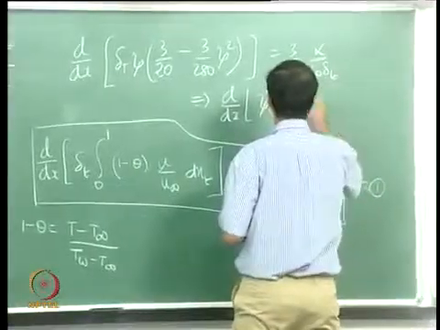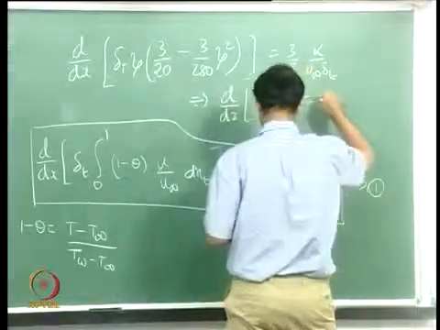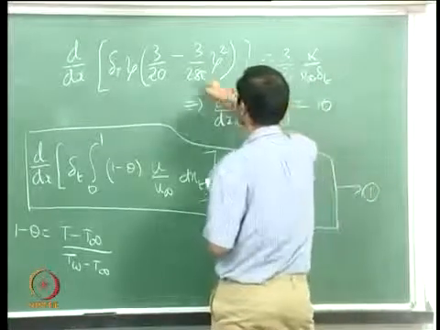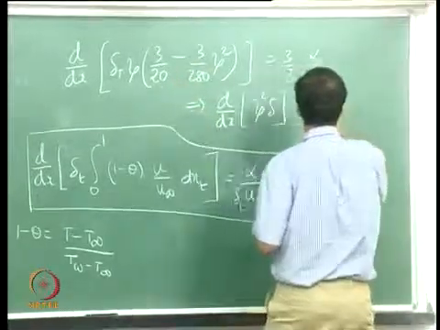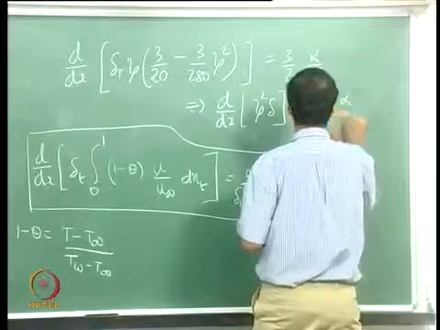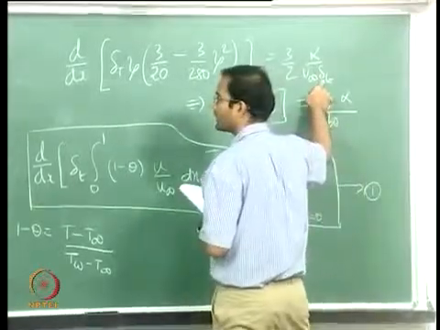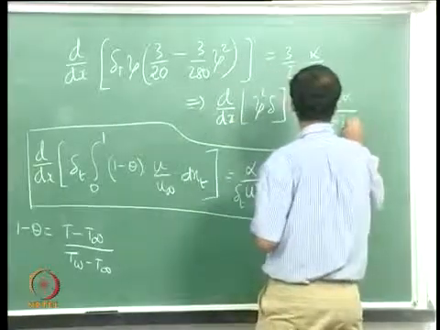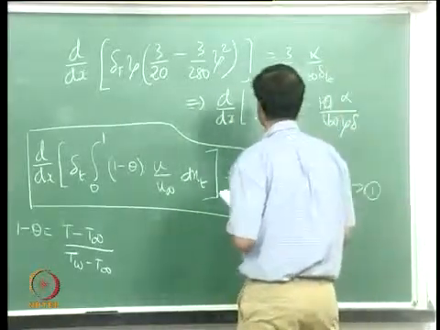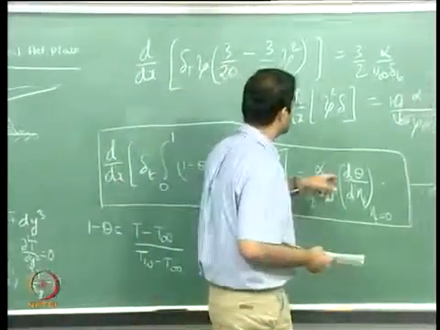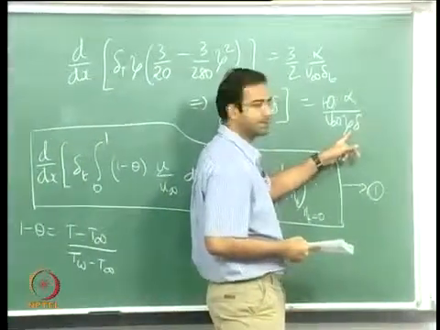On this side I am taking 3 by 20 and factoring it out, this will become 10. So this cancels, this becomes 10 alpha by u infinity, and once again delta t I can write in terms of zeta and delta.